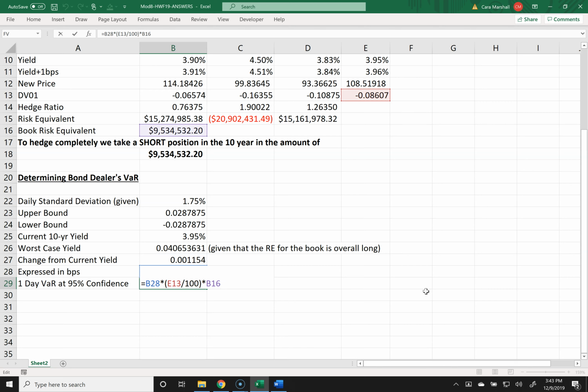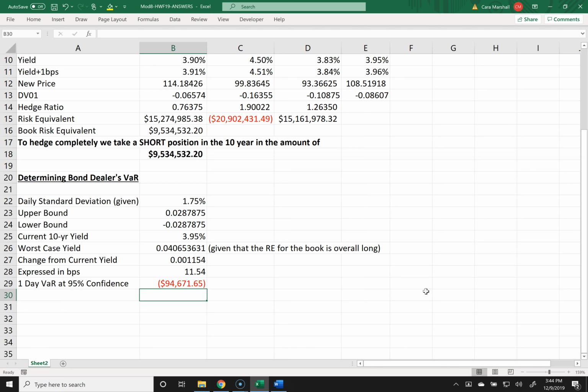95% confidence. You see here, we're taking that change in current yield in basis points, we're multiplying by the DV01 for the hedging instrument, divided by 100, and then finally multiplying by the book risk equivalent to get a one-day VAR of 94,671.65, right?